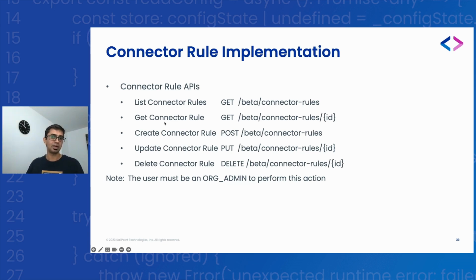Similar to transform, we have list rules, which lists all the existing rules within the tenant, and we have create rule, update rule, and delete rule. And to execute some of these APIs, the user must have org-admin. This is to make sure that only the administrator can perform the action, and they are aware of what they are performing.